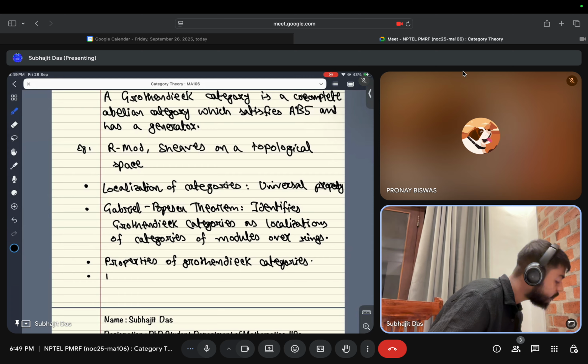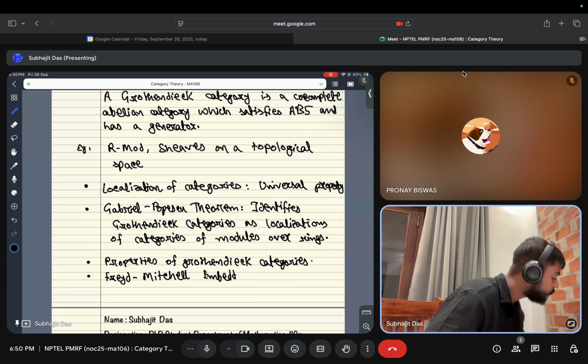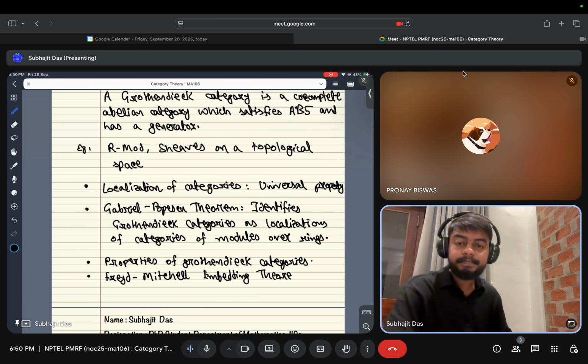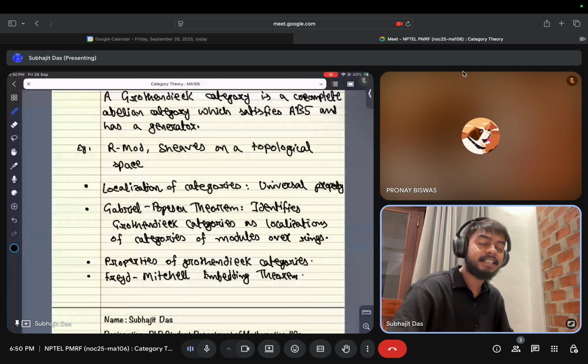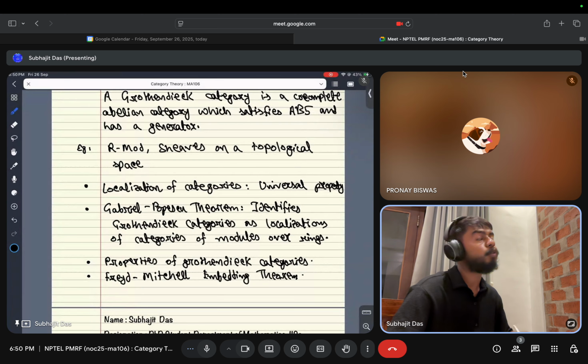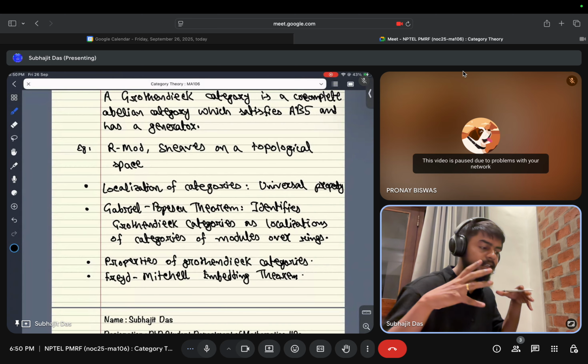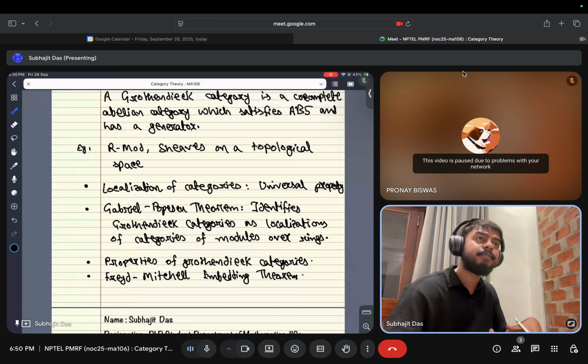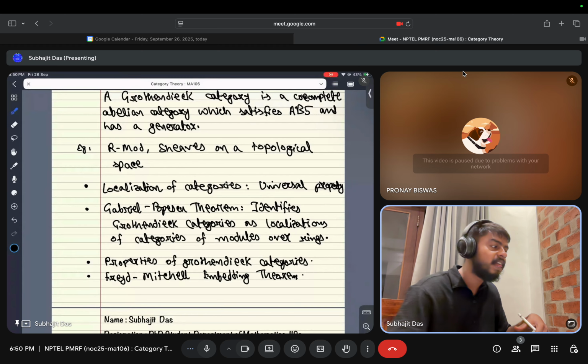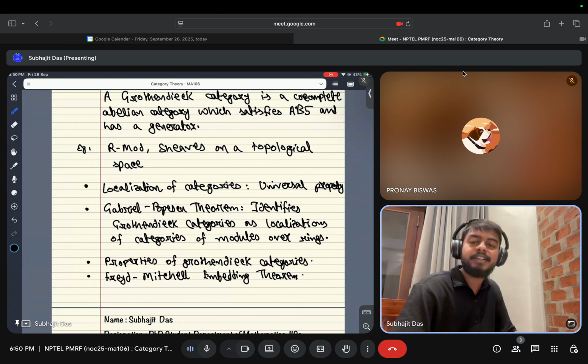Very interesting as well is the Freyd-Mitchell embedding theorem, which says that if you take any small abelian category, then you can embed it fully, faithfully and exactly into a category of modules over some specific ring.